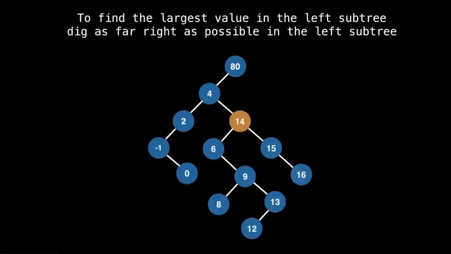To do this, we would go into the left subtree and dig as far right as possible this time. 9, 13. Now 13 is the largest value in the left subtree.